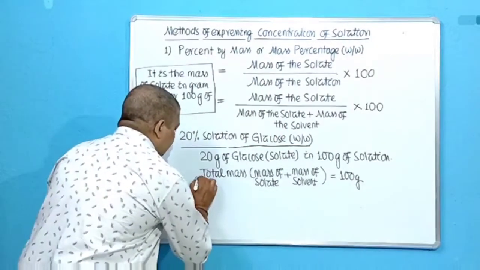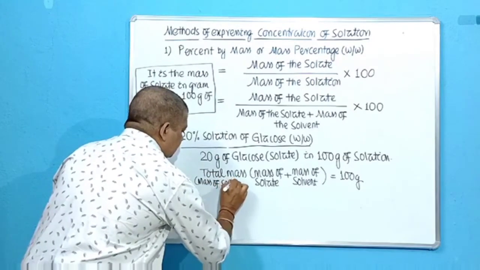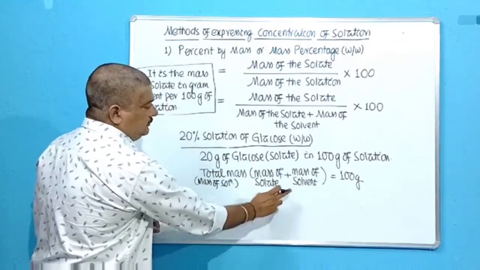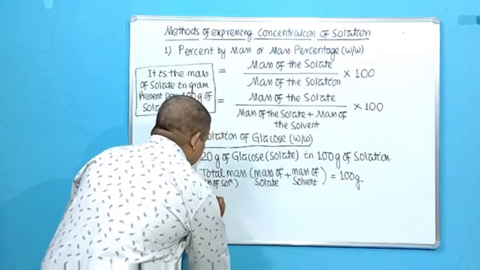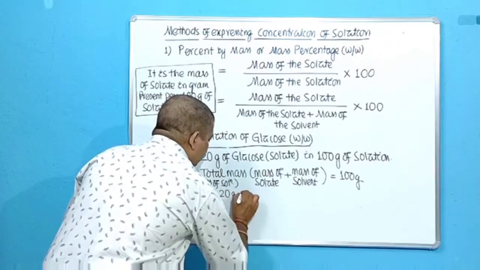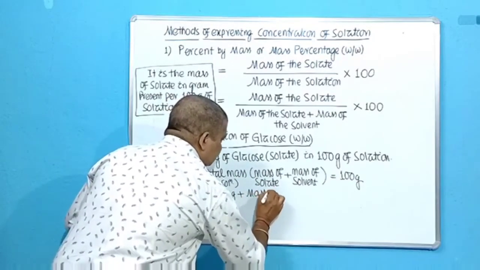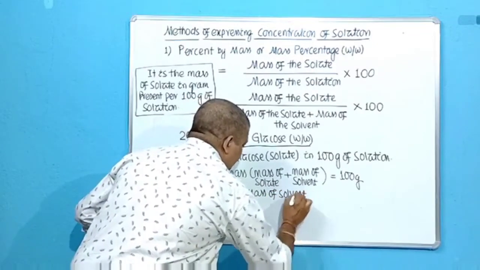Total mass, that is mass of solution, is mass of solute plus mass of solvent, which is 100 gram. What is mass of solute? 20 gram. So 20 gram plus mass of solvent. What is solvent here?